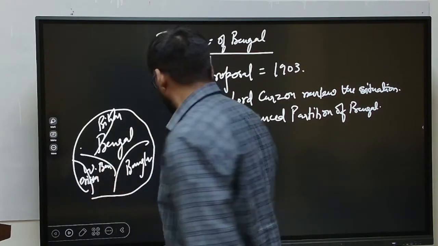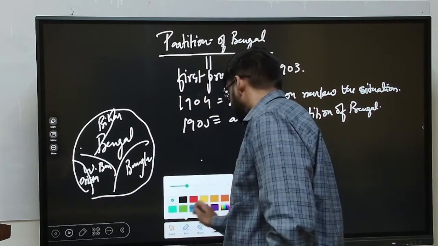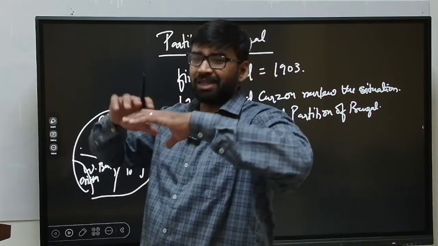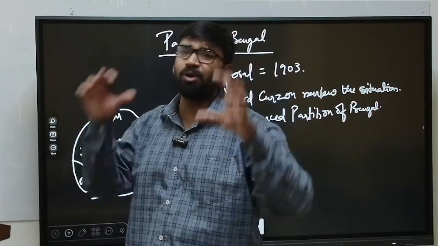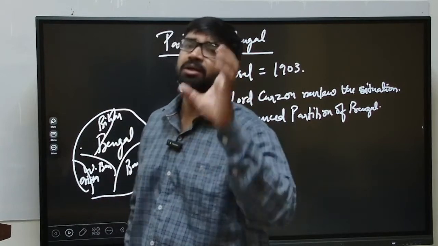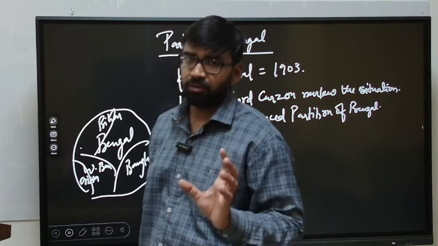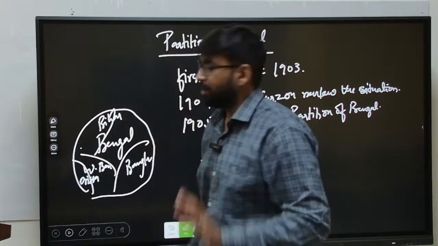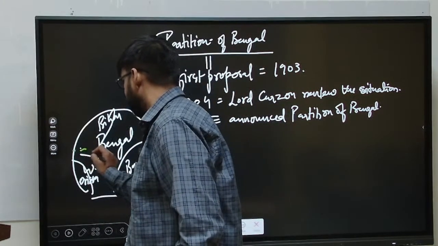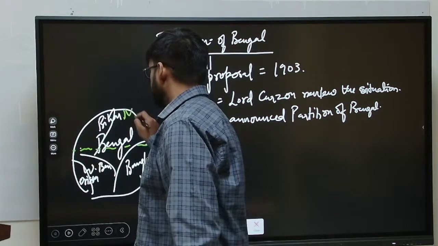So nationalists also wanted that Bengal is such a large area that it is impossible to administer from one city, one center. So Bengal should be partitioned, but between north and south.